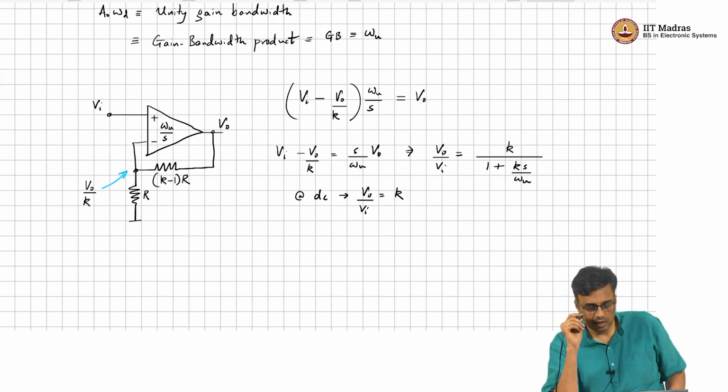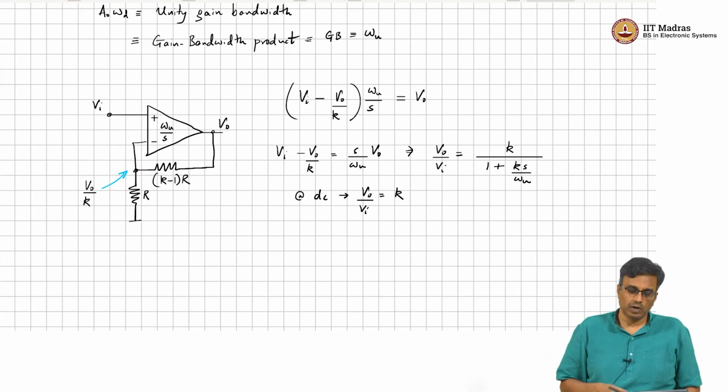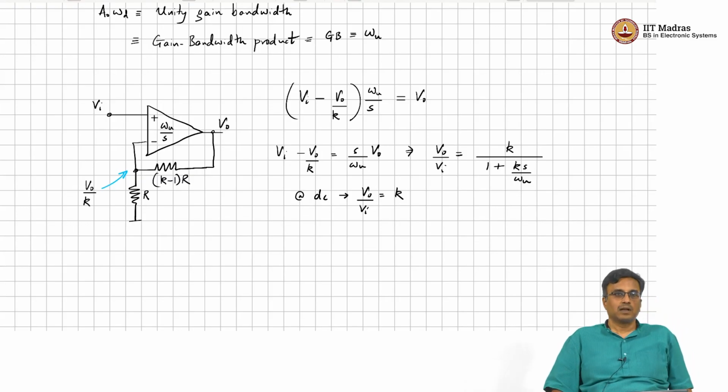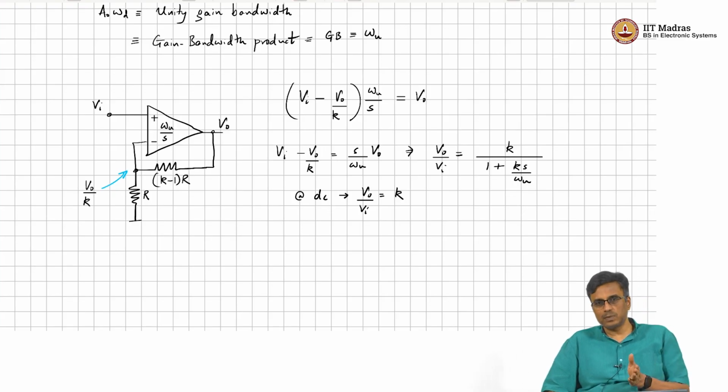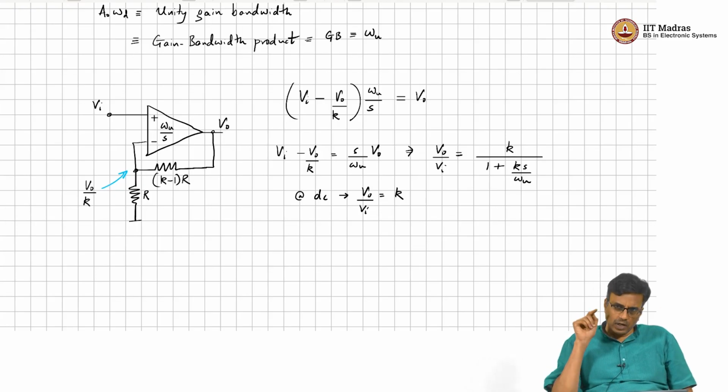Now, the important question is, is this virtual short concept valid at all frequencies or only valid at DC? It's only valid at DC. Why? It's only at DC that the gain is infinite. As the frequency keeps increasing, the gain is no longer infinite, it keeps falling off.